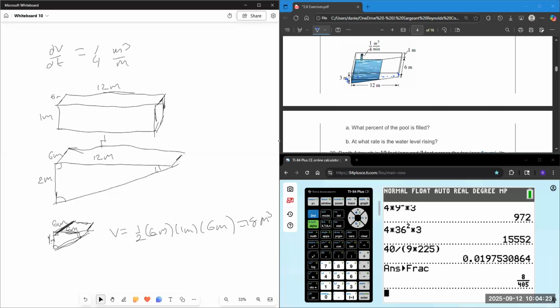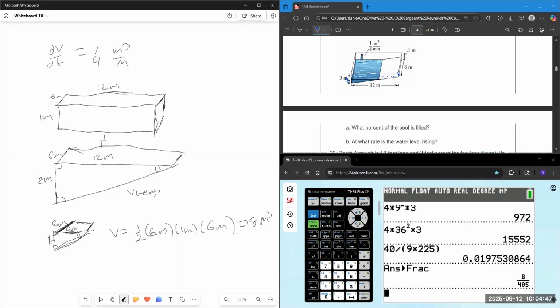So that's going to be 3 times 1 times 6 is 18 cubic meters of water that I have in the pool right now. The volume of this wedge here is 1/2 of this base of 12 times this height of 2. Do this down here.